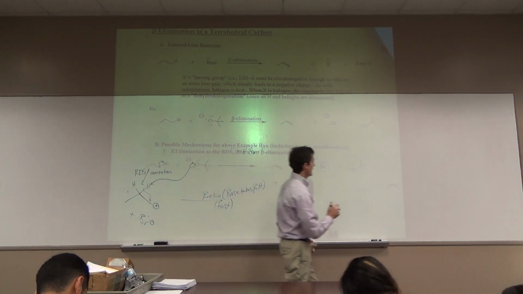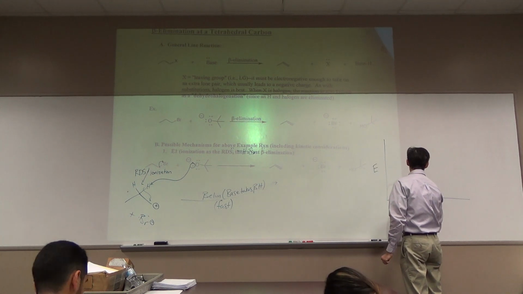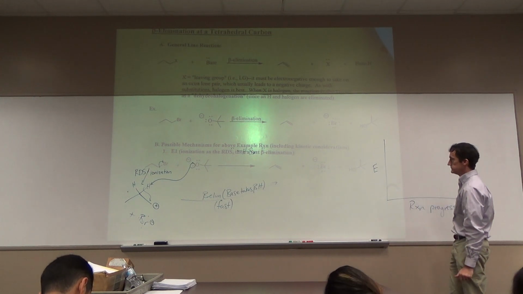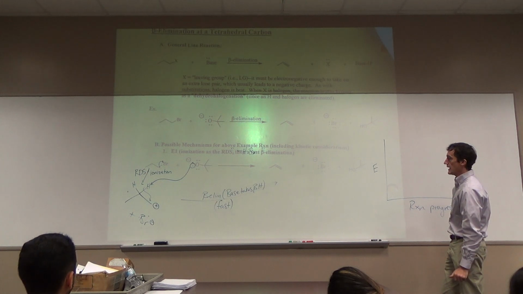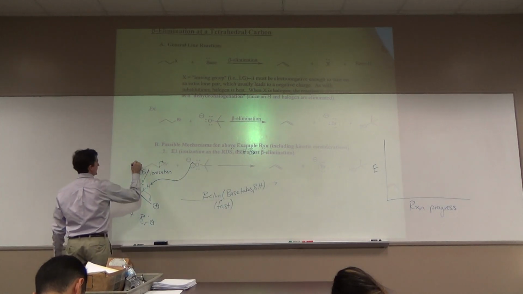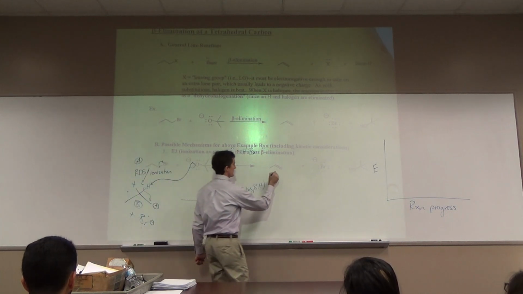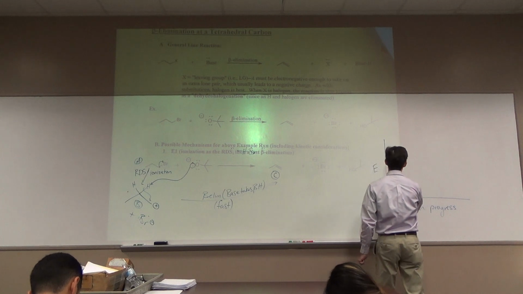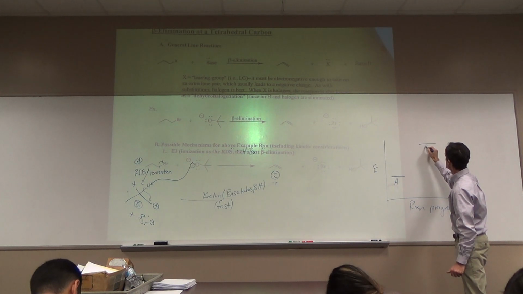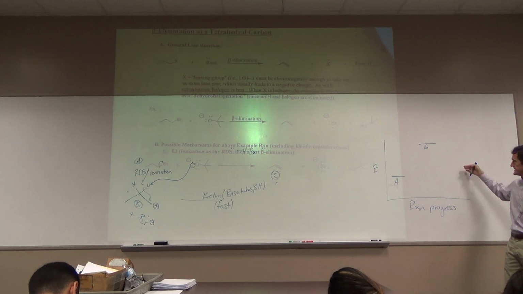Now if we graph this, we start out with our alkyl, let's call this A, got a carbocation B, and then product C. B is our carbocation, higher energy, and then C, where can we place C compared to A?